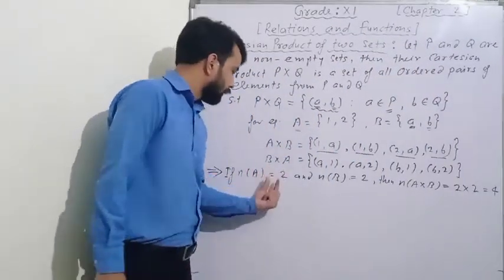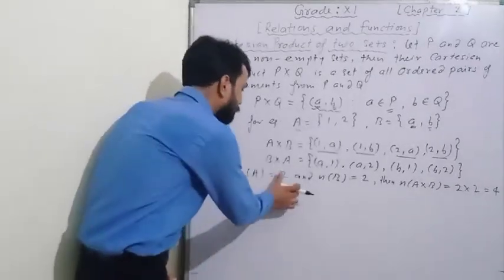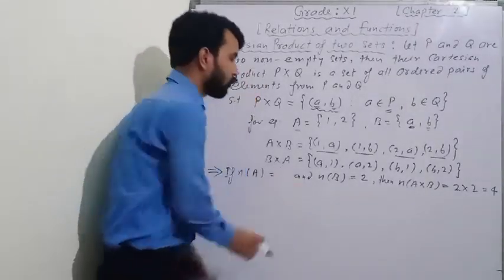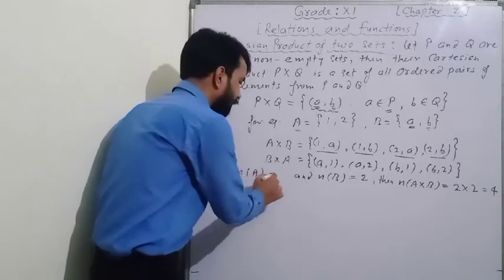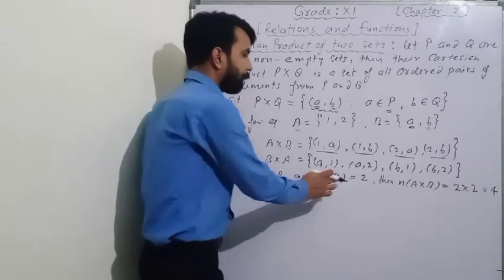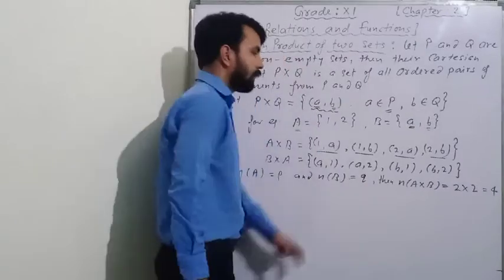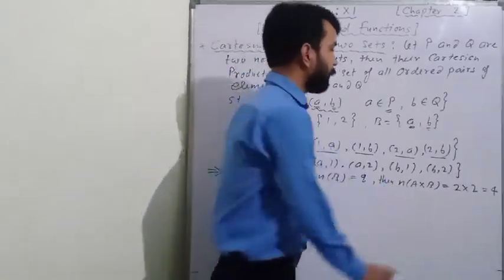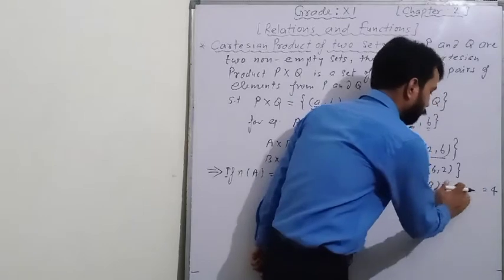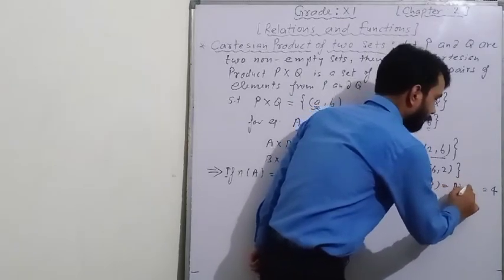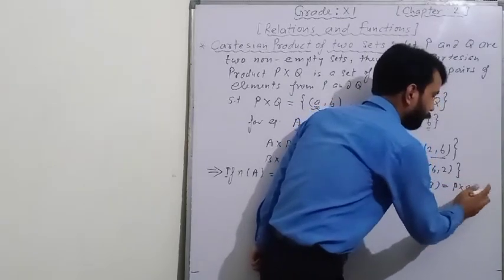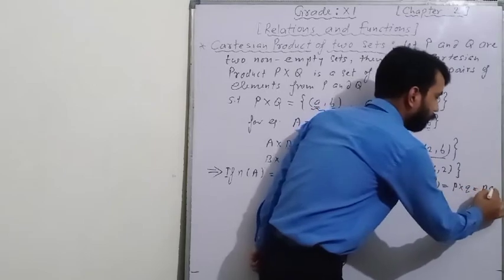So this remark को अगर मैं चेंज कर दूं, जनरलाइज कर दूं, 2 की जगह मैंने यहाँ मान लिया number of elements in set A is P and number of elements in B set is Q, then the number of elements in A cross B will be P cross Q. P cross Q means PQ, means the product of P and Q.